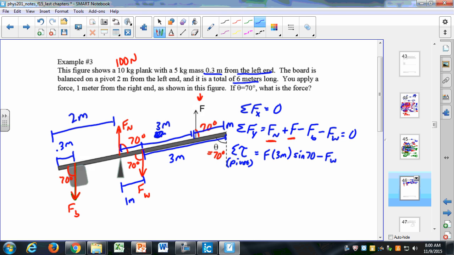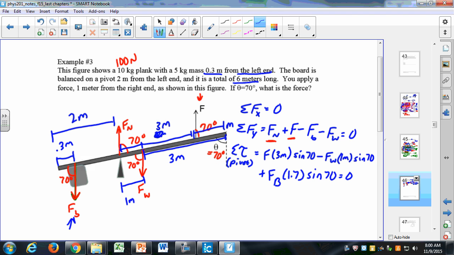That's going to be 1 meter times sine of 70. And now I also need to include this Fb right here. That's a positive torque, so it's plus Fb times, what is that, 1.7? Is that right? Times 1.7 times sine of 70. And then that's all equal to 0.